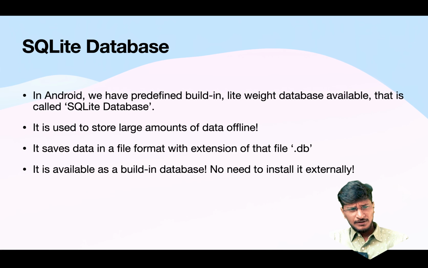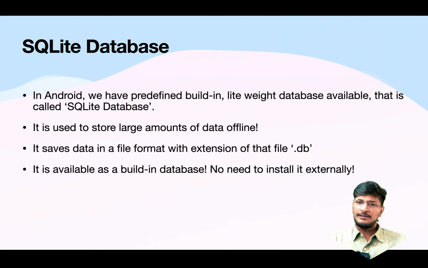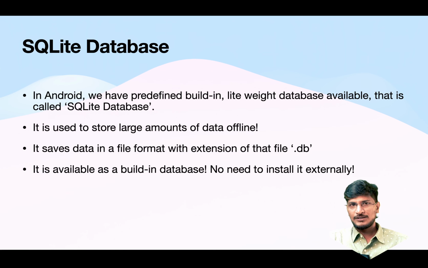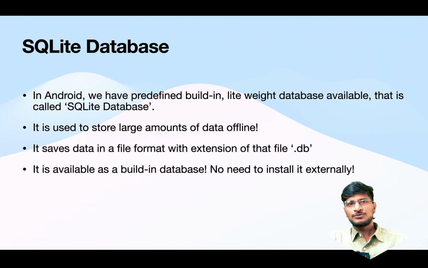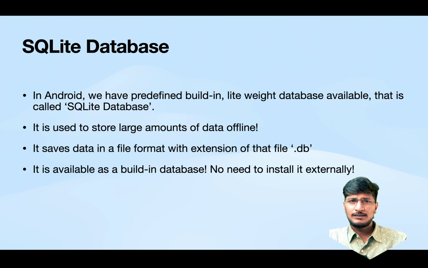In Android we have a predefined built-in lightweight database available, that is called SQLite database. It is used to store large amount of data offline. The data will be saved in SQLite database in a file format, and that file will have the extension .db.